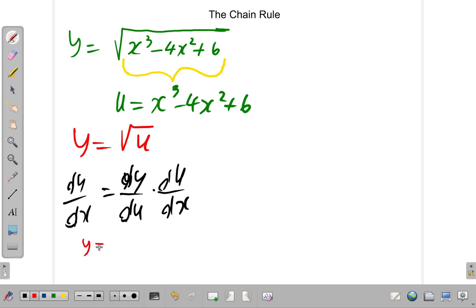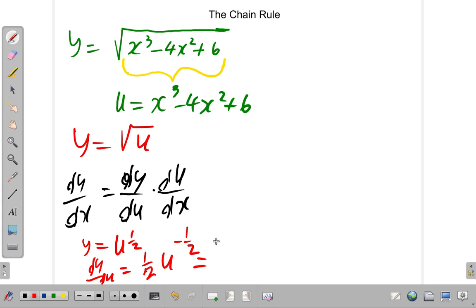You know that in this case the square root of u is the same as, and you have to remember your indices when you're doing differentiation, u to the power of a half. So dy by du is equal to multiply by the power half, u to the, reduce the old power by 1 to get the new power. What is half minus 1? It is negative a half.